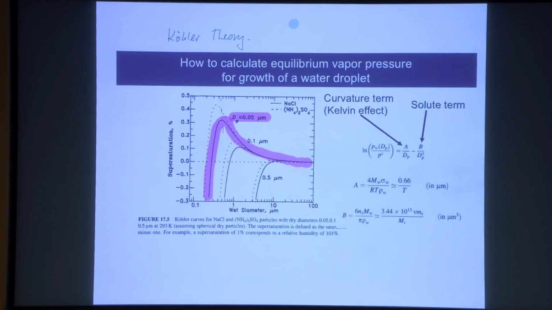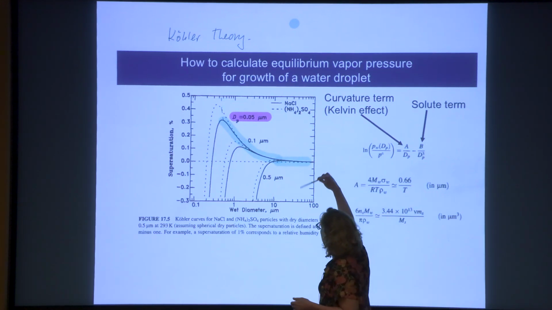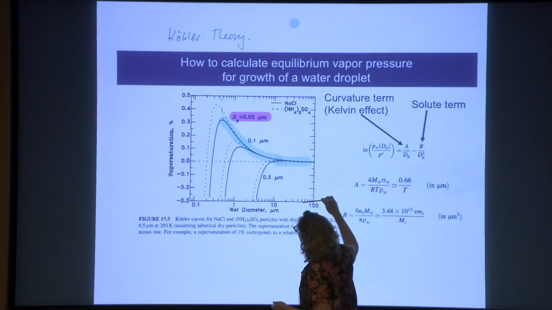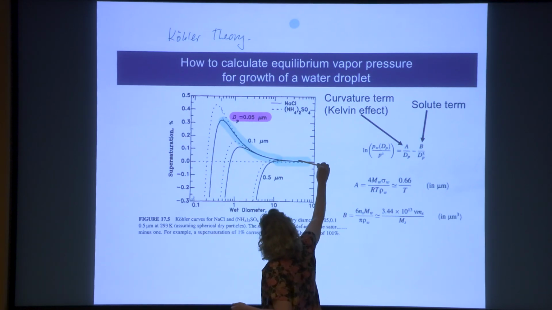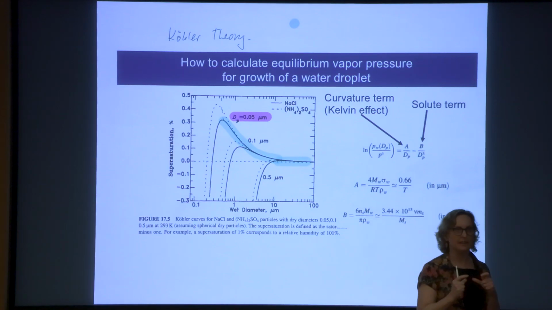If you go to the right-hand side, how do I indicate this? Here. So you basically see as the particle gets smaller, the wet diameter decreases, right? You need a higher and higher and higher supersaturation to keep this droplet in equilibrium.